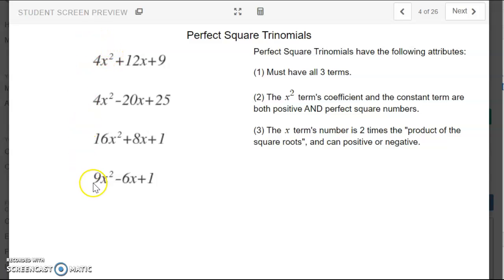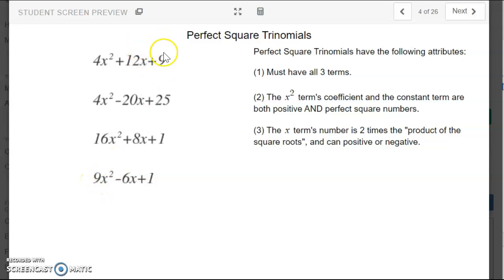That means the very first terms, like 4x squared, 16x squared, 9x squared, are all perfect squares. Because 4x squared is 2x all squared, 16x squared is 4x all squared, and 9x squared is 3x all squared.